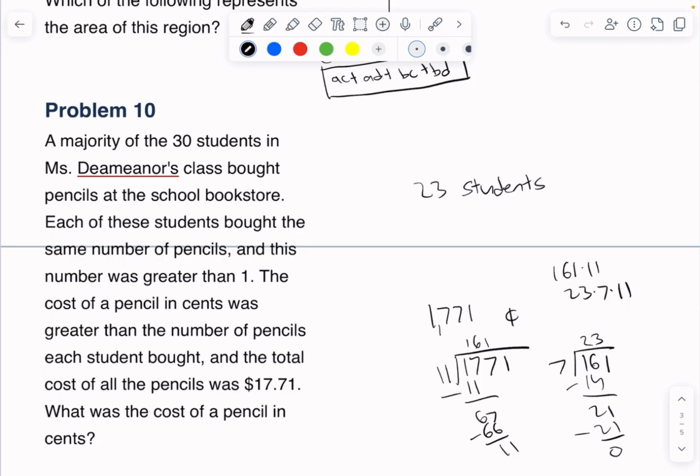We know that the number of pencils each student bought was less than the cost of each pencil in cents. So that means the number of pencils each student bought is 7 and the cost is 11 cents. The question is asking what the cost of a pencil in cents is, so the cost of a pencil was 11 cents.